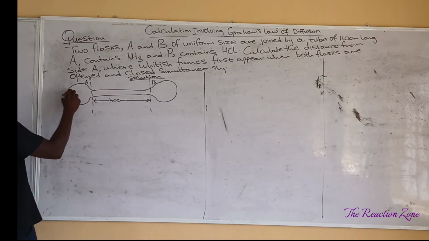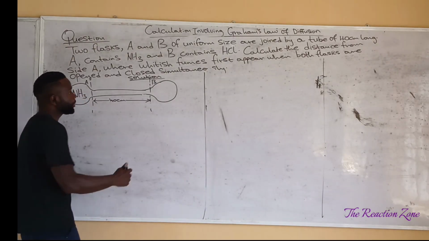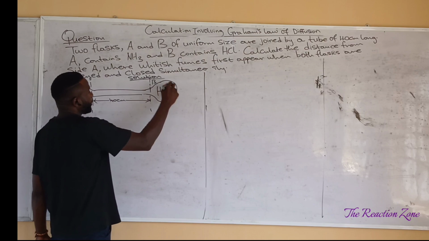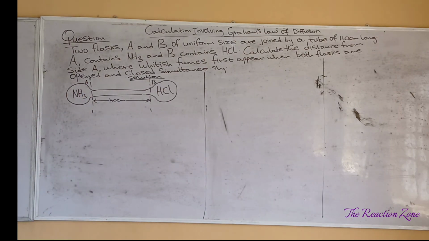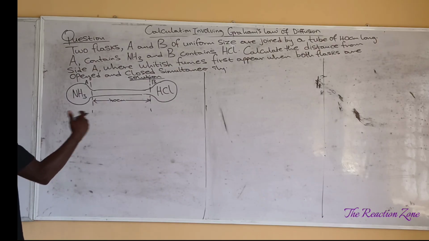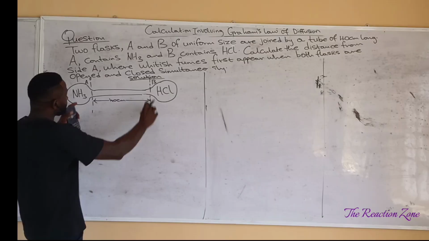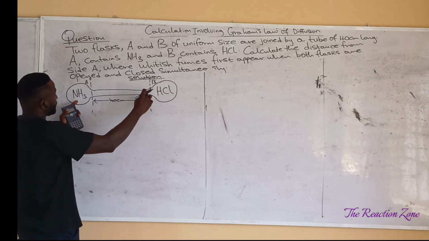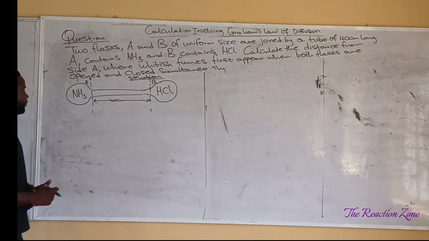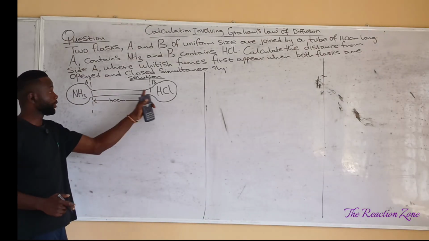A contains ammonia, meaning that what you have in this flask is ammonia. And B contains HCl, meaning that what you have in this other flask here is HCl. And you're told to calculate the distance from side A, where whitish fumes first appear, when both flasks are opened and closed simultaneously. When both flasks are opened, what happens is this. Ammonia will flow into this tube as well as hydrogen chloride.